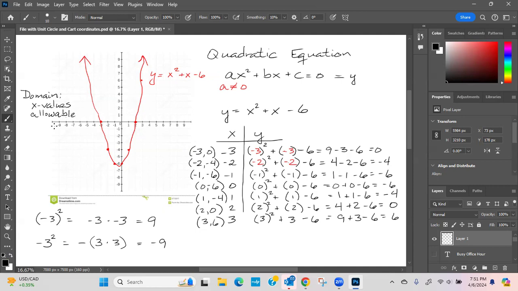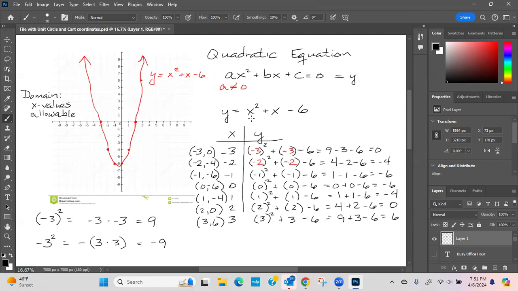All right. So what x values could we plug in here and get a corresponding y value? Well, once you look at the graph, you can see that this thing is going to keep opening up and it'll keep widening as it goes. There's nowhere that the graph doesn't touch, right to left, as far as x values.